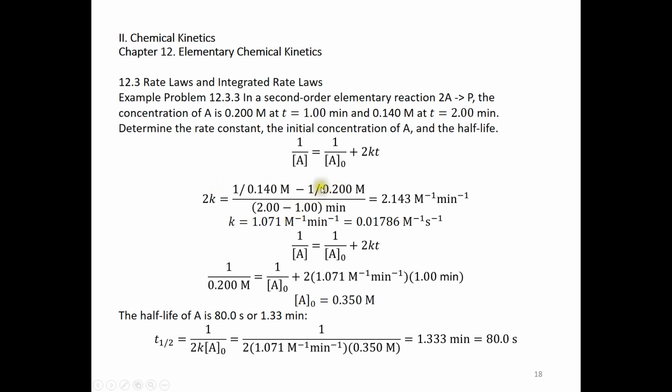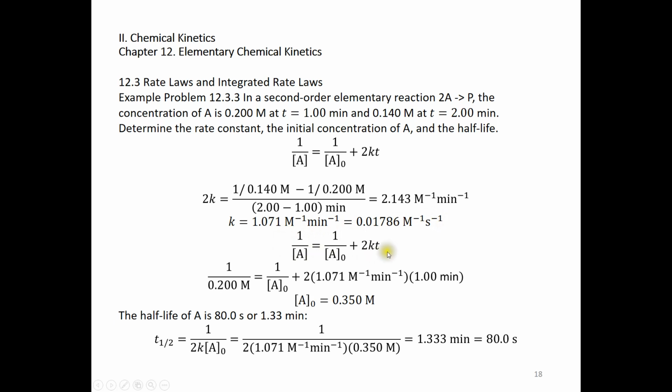So 2k is the change of 1 over A divided by the change of time. We plug in all the values. We get the expression of 2k. 2k is 2.143 molar to the power of -1, minute to the power of -1. And therefore k is 1/2 of this. And then this value divided by 60, we get the value of k in molar -1, second -1.